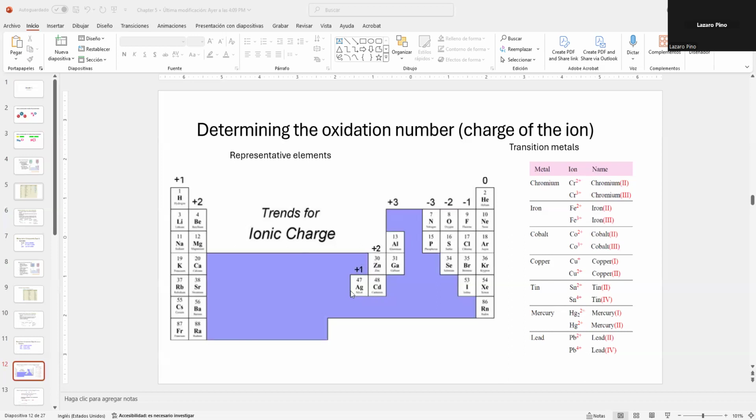This is the case of silver, which is always +1, and zinc and cadmium, which are always +2. They are exceptions because in general, transition metals have more than one type of charge.